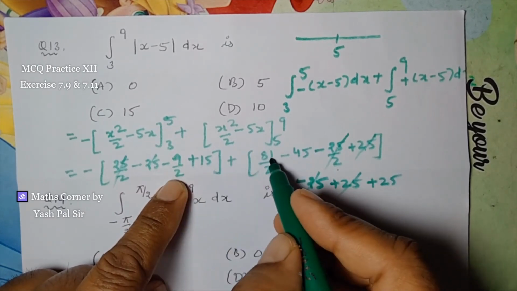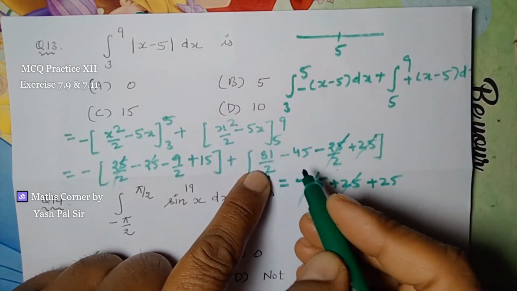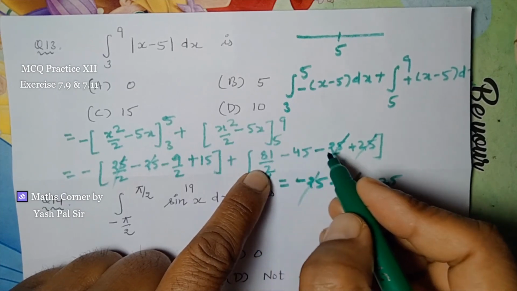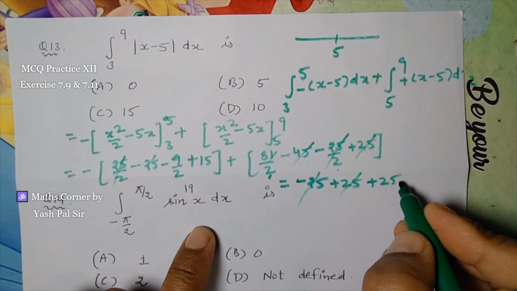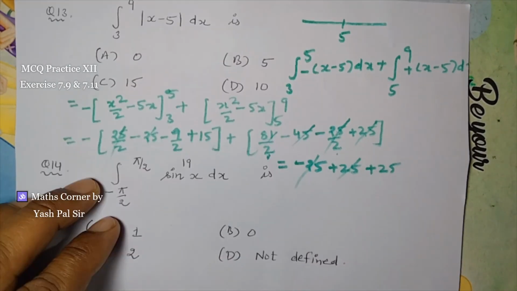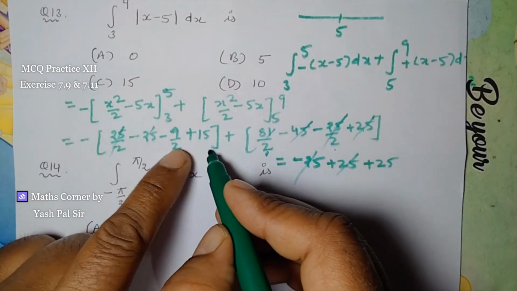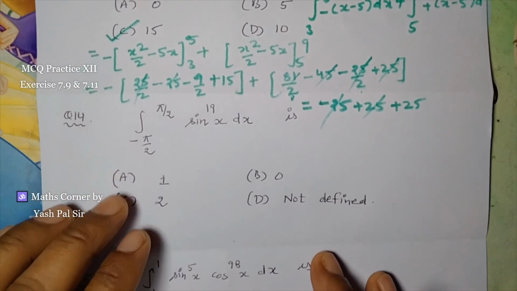Next is plus 9 by 2 plus 81 upon 2, so 90 upon 2, this becomes plus 45, 45 minus 45 again cancelled, right? So 25, lastly we are left with 15, right? So 15, option number C is the right choice.